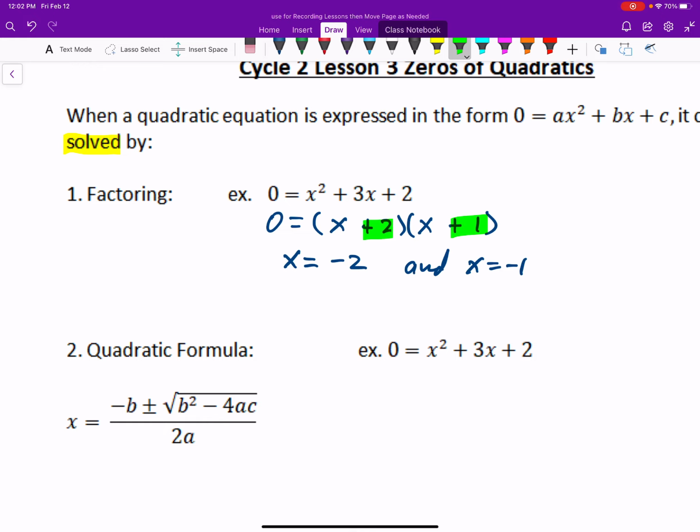If I stick -2 in for x, then -2 plus 2 is going to give me 0, which will make the equation balanced. Or if I stick -1 in, then -1 plus 1 is going to give me 0, which will make the equation balanced. So that's one way of solving a quadratic. We do it by factoring.